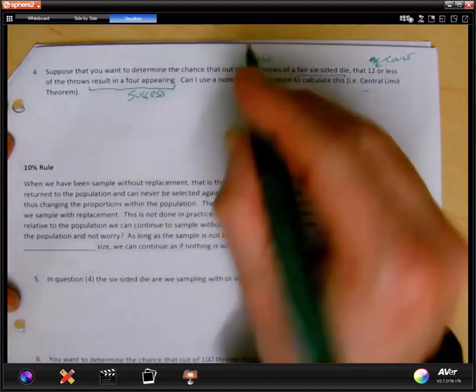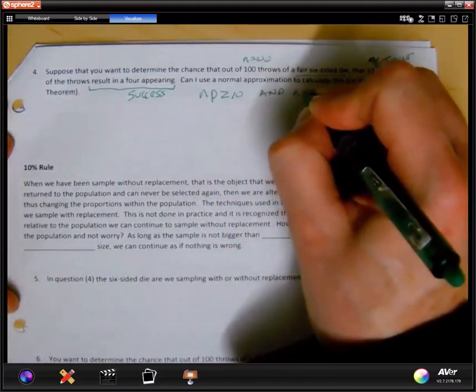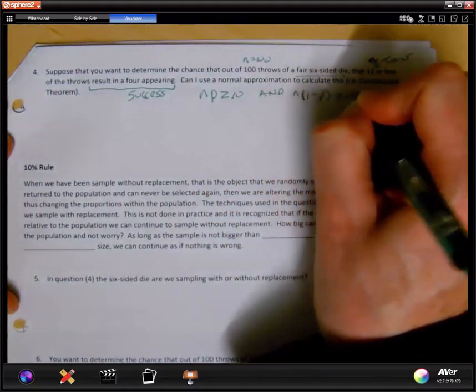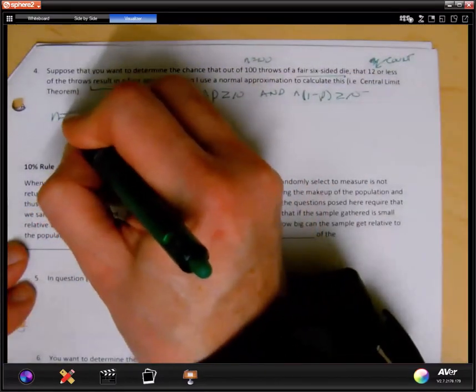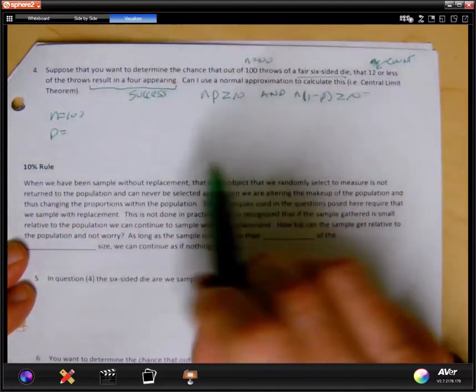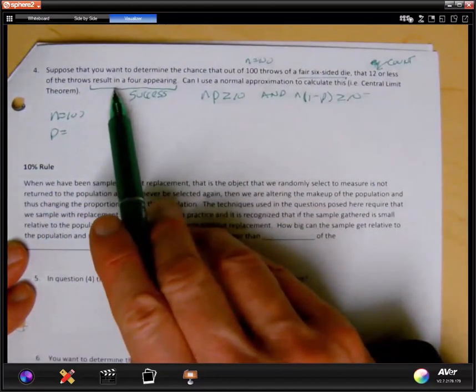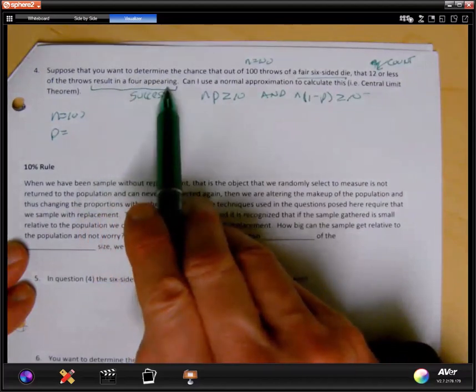Can I use a normal approximation? I need to use this formula, so now I have to apply it to the situation. n is 100, but what is p? I need to understand what it is that I'm calling success. A 4 appearing is success.